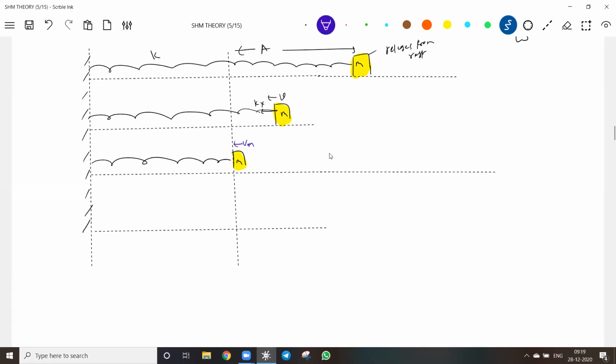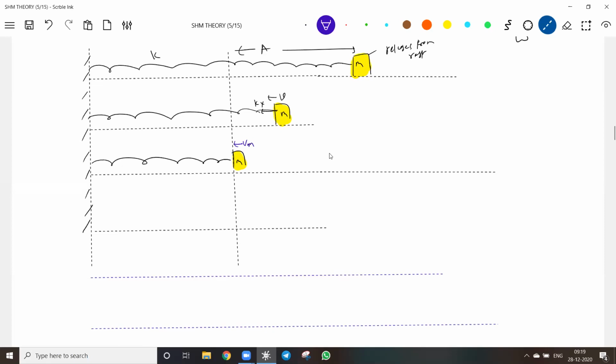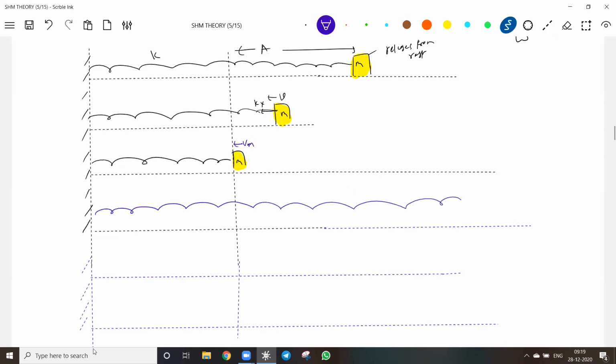Now another student, what he will do is pull this block by a distance of how much? 2A.